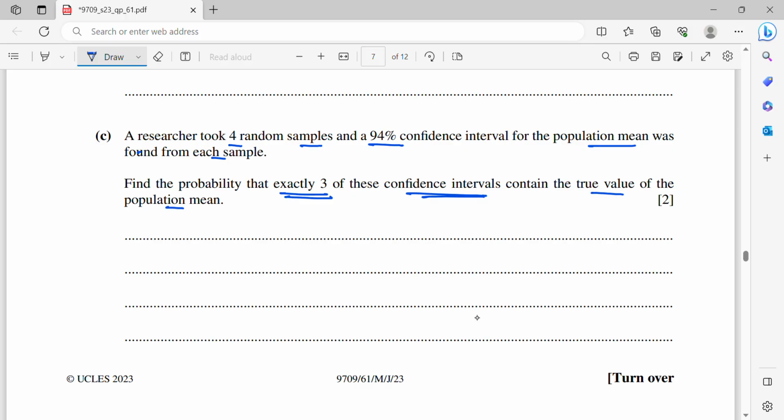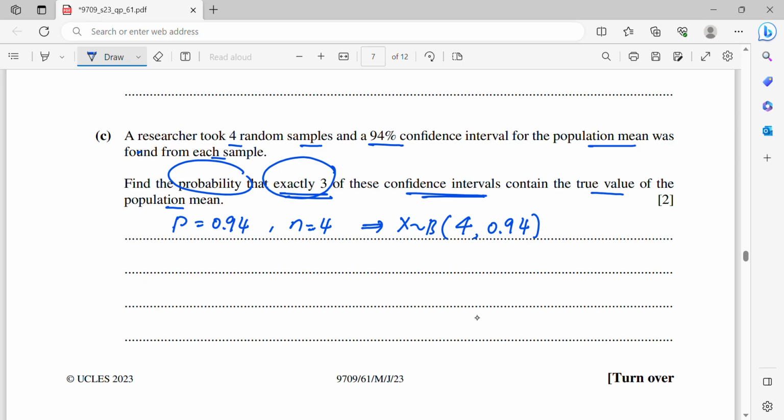So your probability is 0.94 to include the population mean, and n is 4 now. From here you need to get the probability of exactly 3, so this is actually a binomial distribution.